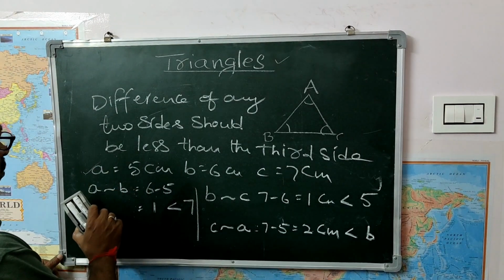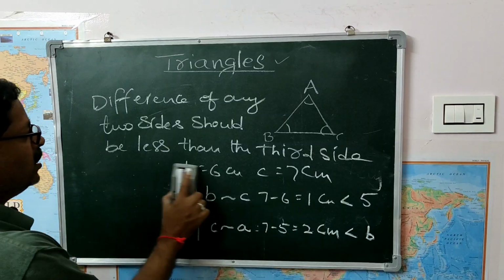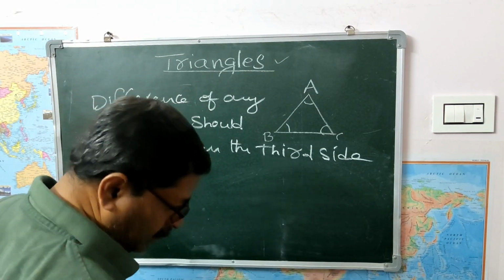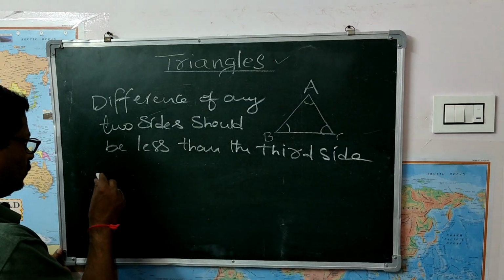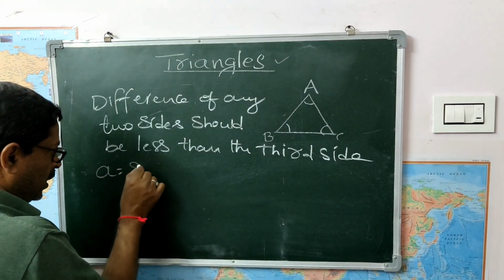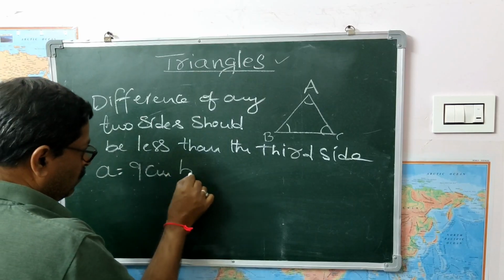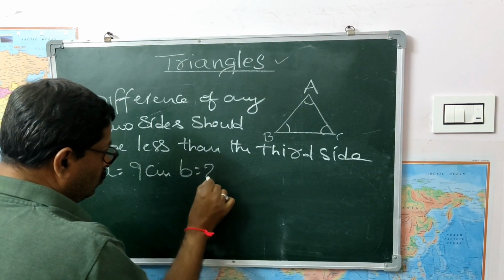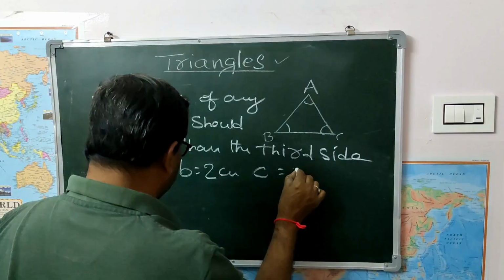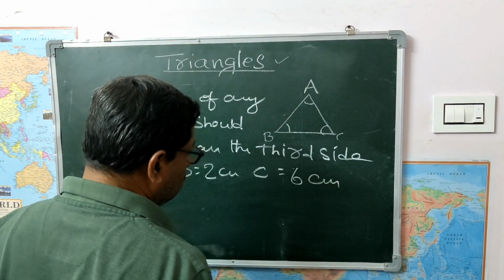Okay. Now let us take another example with the same property. A is equal to 9 centimeters, B is equal to 2 centimeters, C is equal to 6 centimeters.